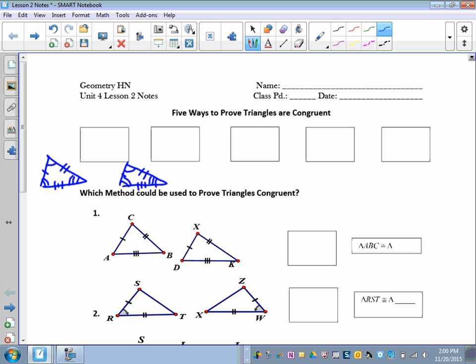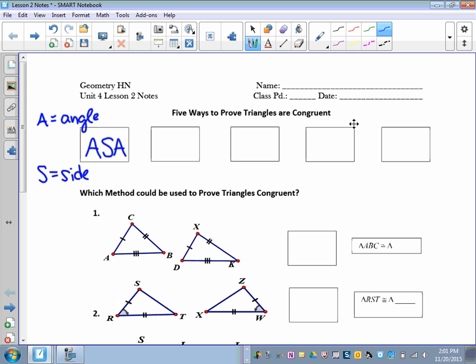So, our first shortcut is going to be angle side angle, ASA. And yes, you're going to use these abbreviations. So A stands for angle, and S stands for side.